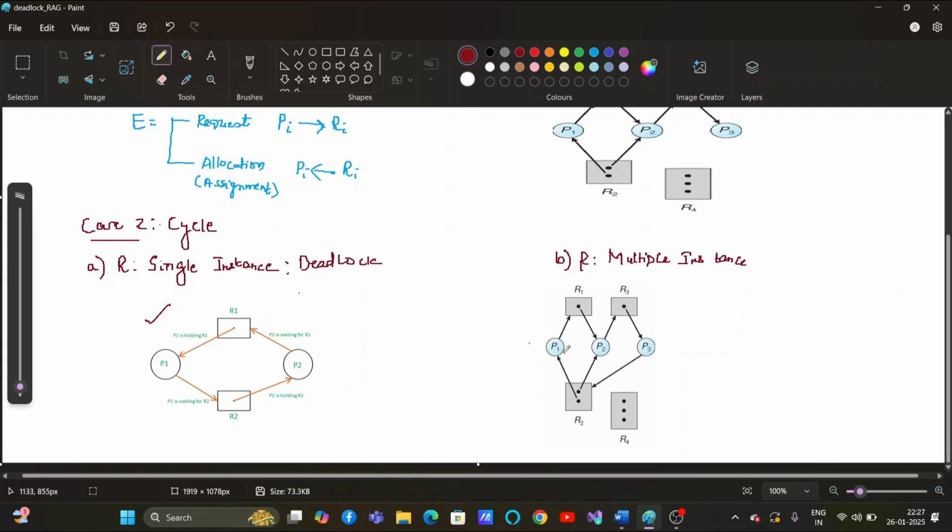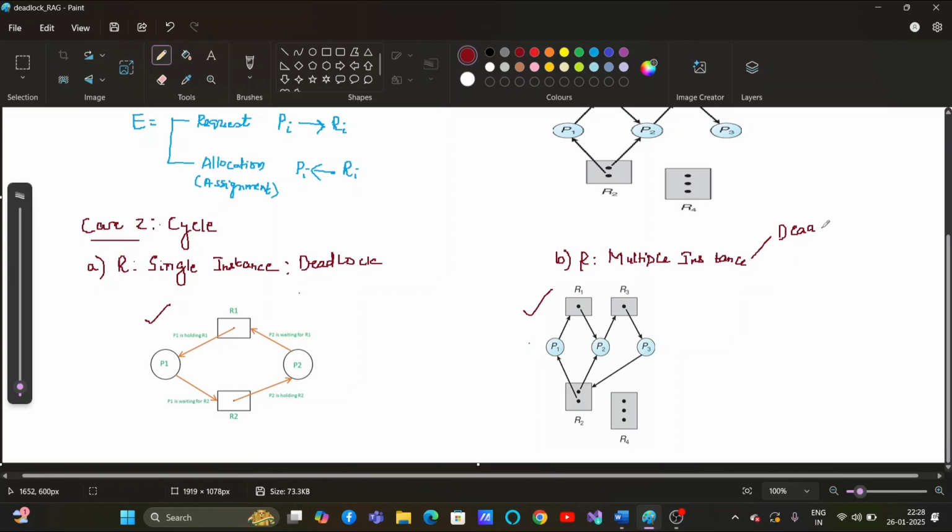P1 will release R2 only if it gets R1. But R1 is released by P2 only when P2 gets R3, and R3 is under the control of P3. But P3 can complete only if it gets R2. So there is a cycle, multiple instances are there, and this is leading to deadlock.